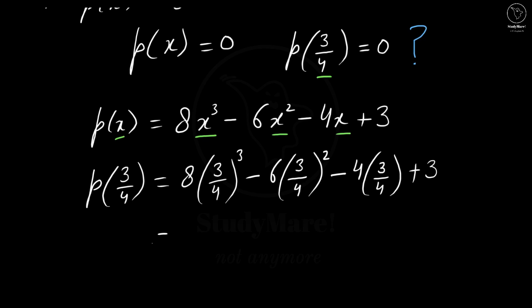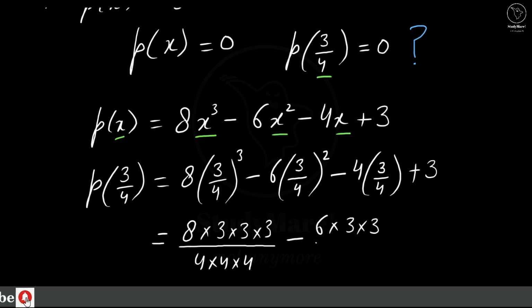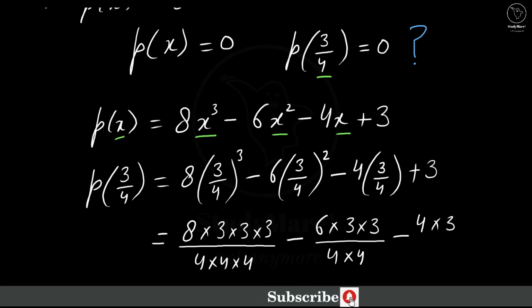Now just solve it. So we get 8 into 3 into 3 into 3, as there is 3 cube, divided by 4 into 4 into 4, minus 6 into 3 into 3, as we have 3 square here, upon 4 into 4, as we have 4 square here, minus, in the next term we get 4 into 3 divided by 4, and here we have plus 3.